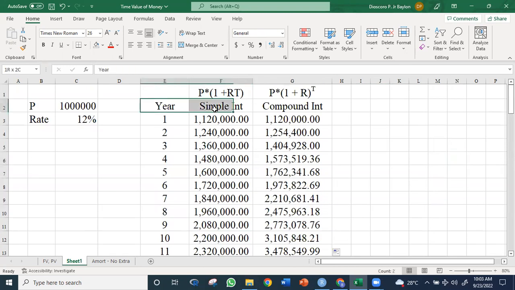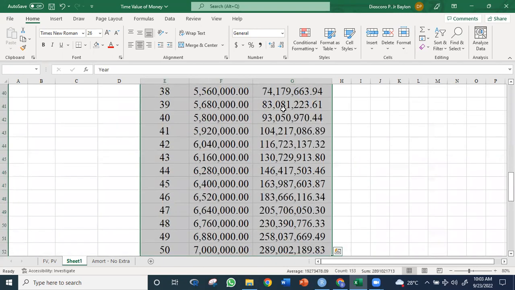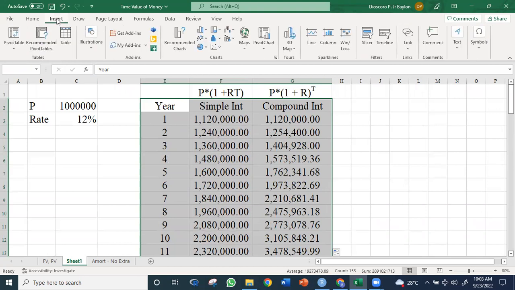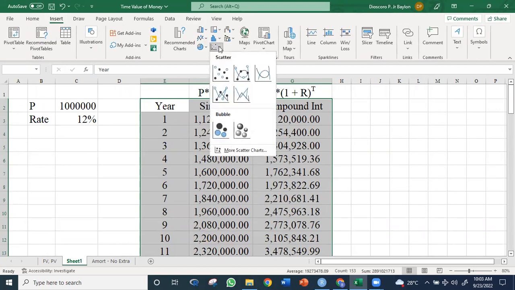So if I'm going to plot this, highlight year, simple interest and compound interest, control shift down arrow. If I highlight everything, okay, and then insert, and then here in the charts, let me use the scatter plot.